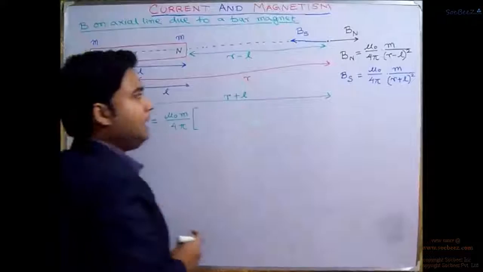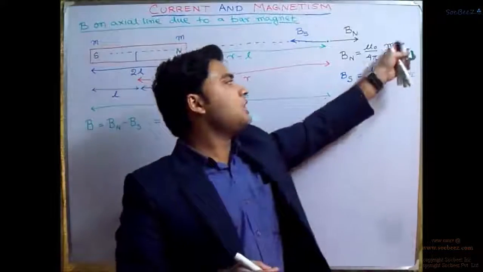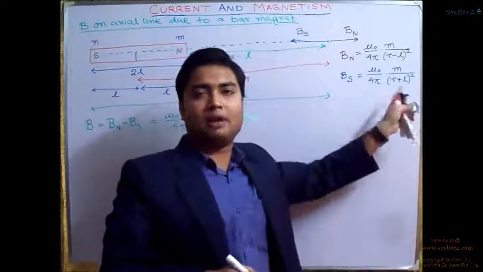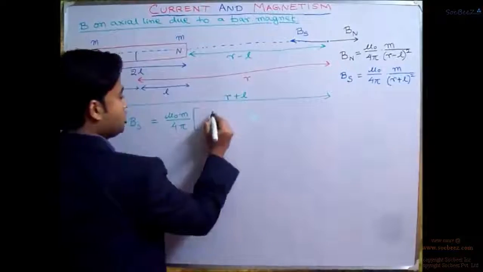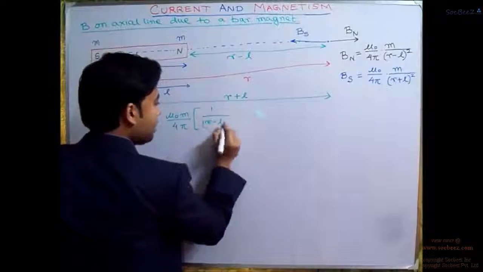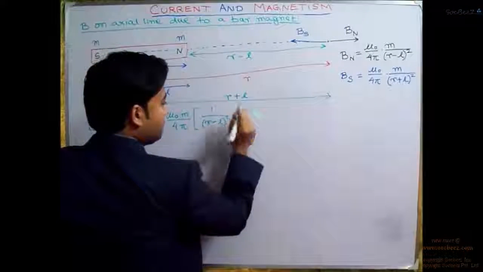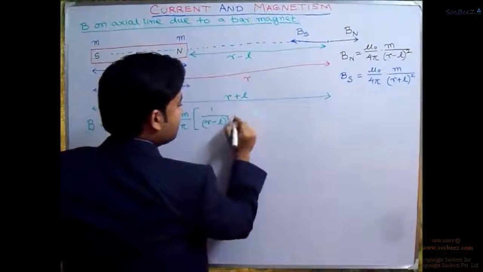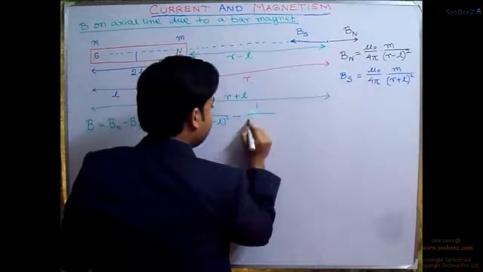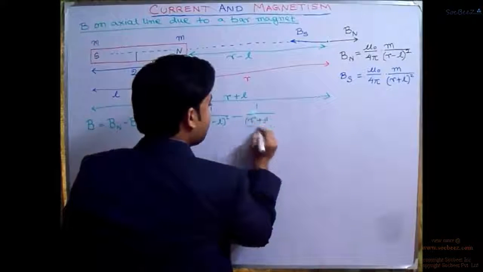Now within the bracket Bn minus Bs, which means 1 divided by (r minus l) whole square minus 1 divided by (r plus l) whole square. So it will be 1 divided by (r minus l) whole square minus, because this is Bn minus Bs, 1 divided by (r plus l) whole square.